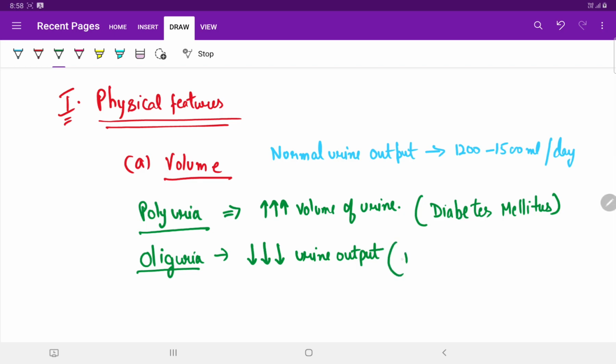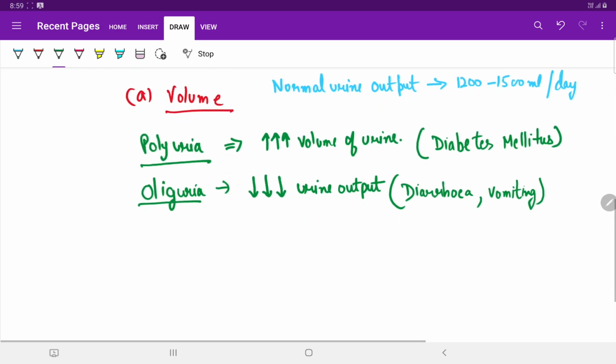So we can see decreased urine output in diarrhea and in excessive vomiting. These can be some indicative parameters for decreased urine output.